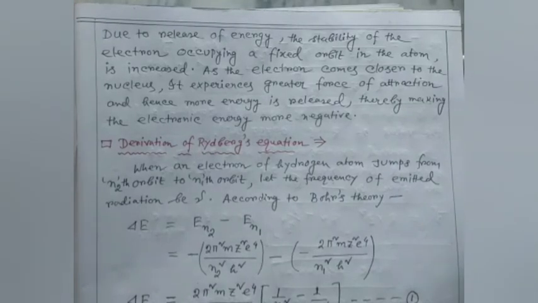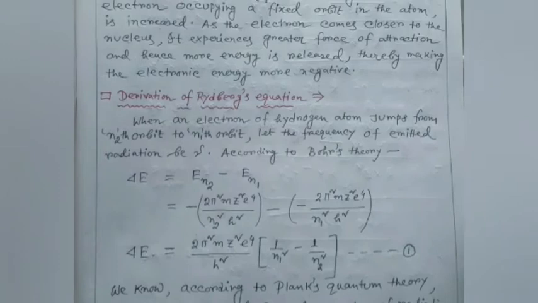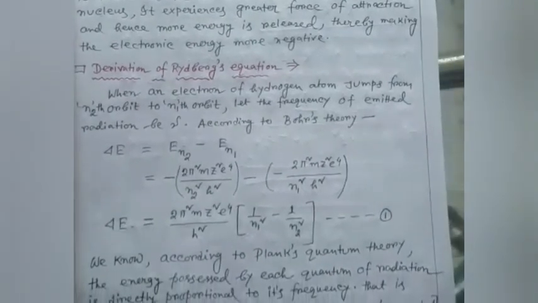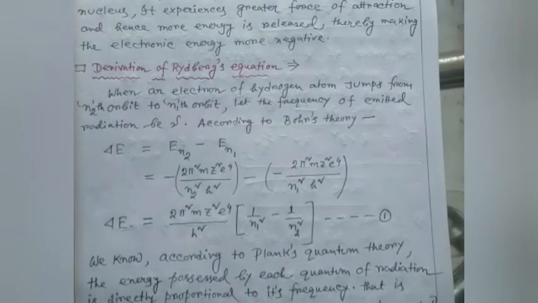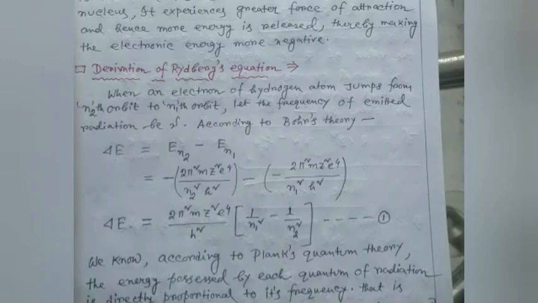Now I am going to discuss the derivation of the Rydberg constant or Rydberg equation. When an electron of a hydrogen atom jumps from a higher energy n2 orbit to a lower energy n1 orbit, let the frequency of emitted radiation be nu.